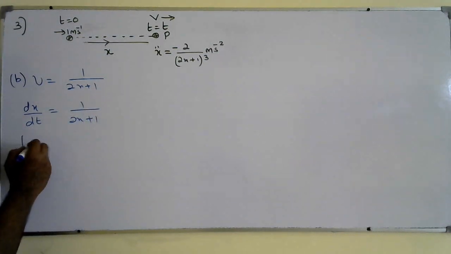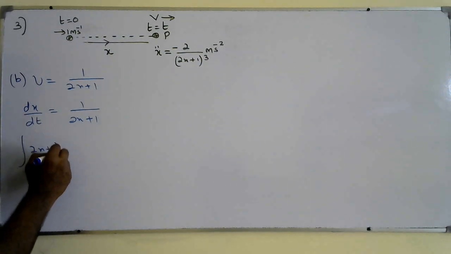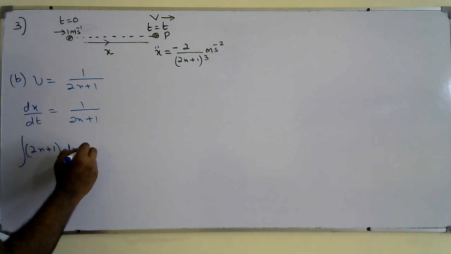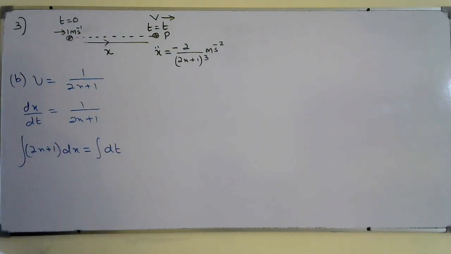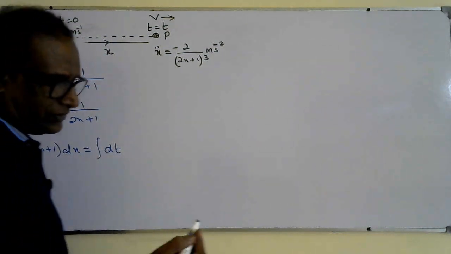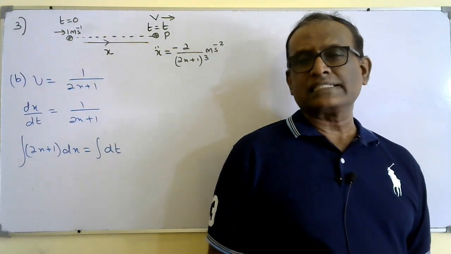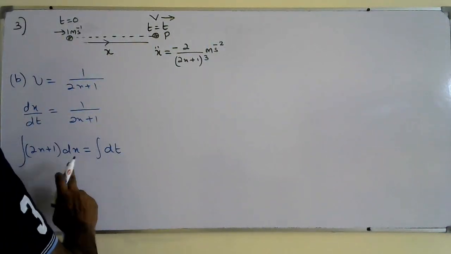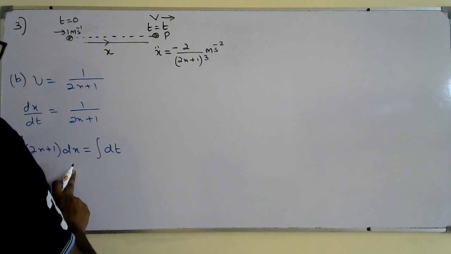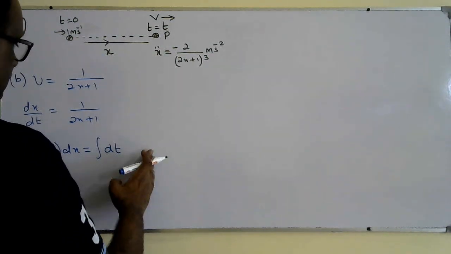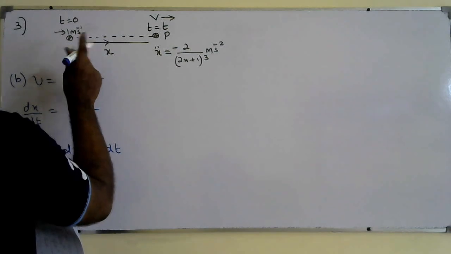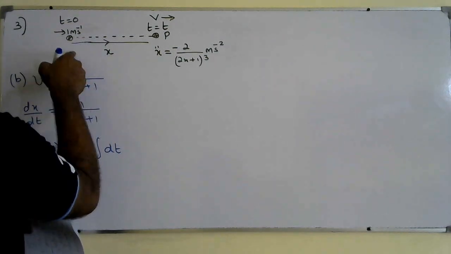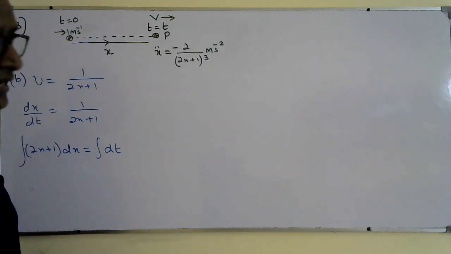So the integral of (2x plus 1) dx is equal to the integral of dt. Here we can put a constant c, or limits also, we can put the constant later when I finish integration. To find the constant, I can say when the particle was here, x equals 0, t equals 0.